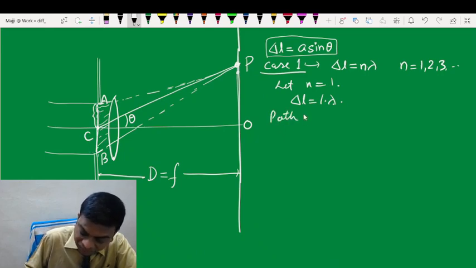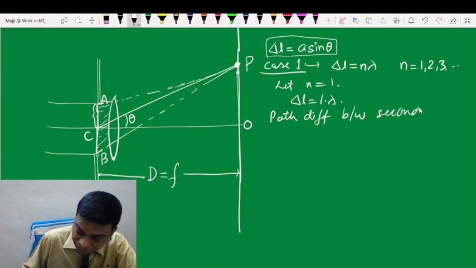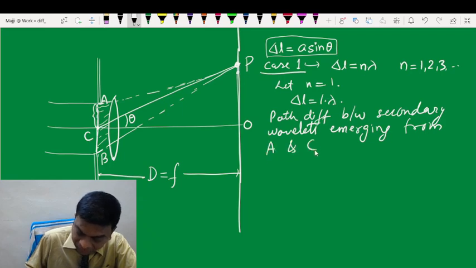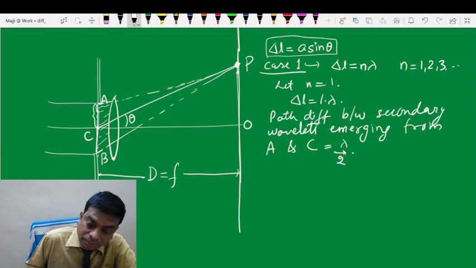So path difference between secondary wavelets emerging from A and C will be equal to half of this, that is lambda by 2. Okay.